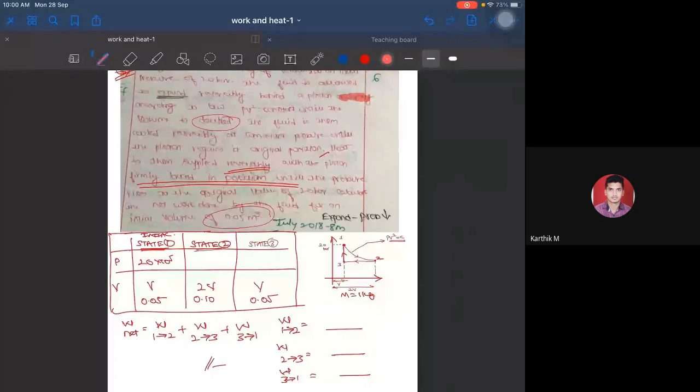So this ends your different types of problems, which is process-oriented work problems. So all these are process-oriented work. There are some problems which are not process-oriented, but they are entirely work-oriented.